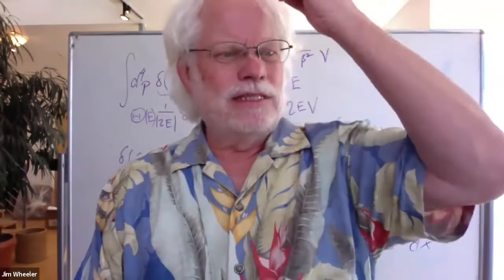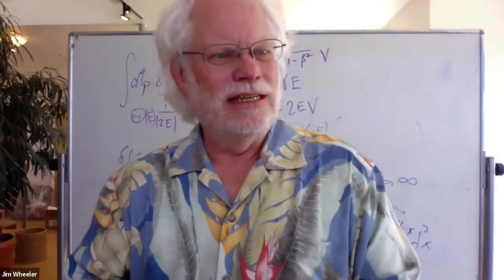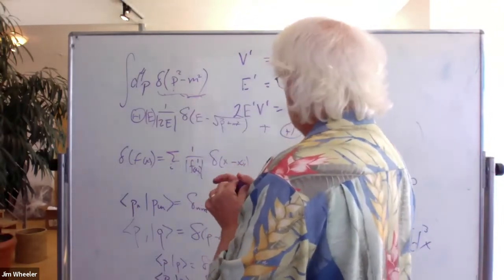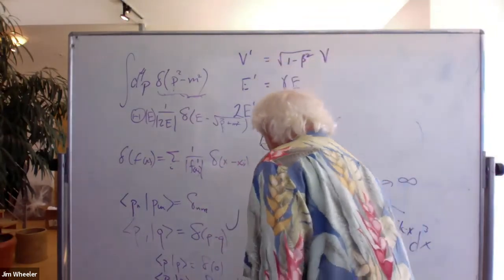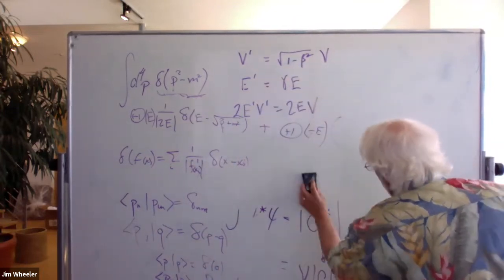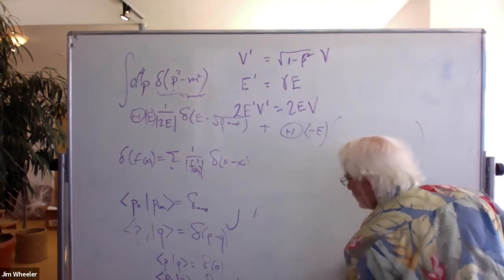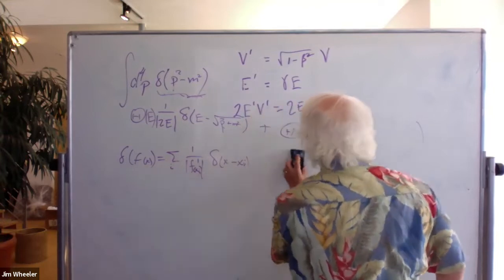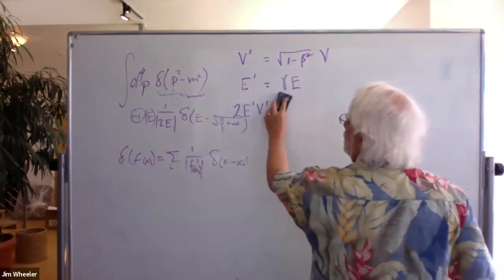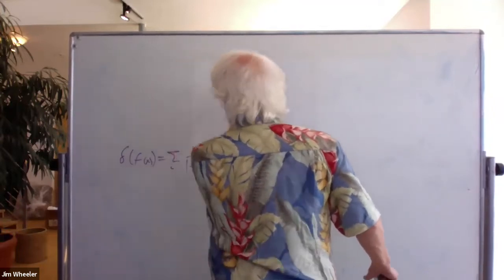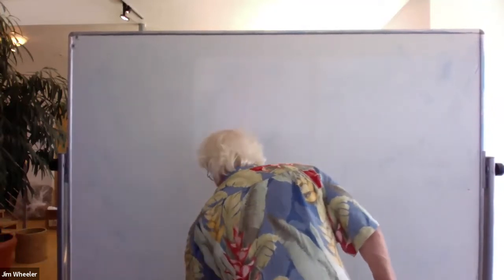So what happens is the box normalization, we can use this factor. We can use the EV factor as a relativistic, Lorentz invariant normalization.